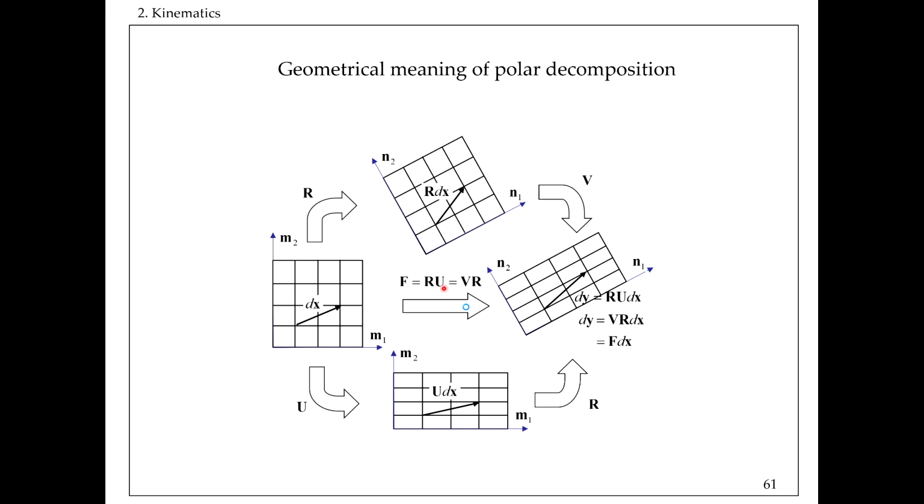The important thing to realize is that this changes the order, the sequence of things that we do when we transform the original vector dx into the deformed line element, the vector dy.